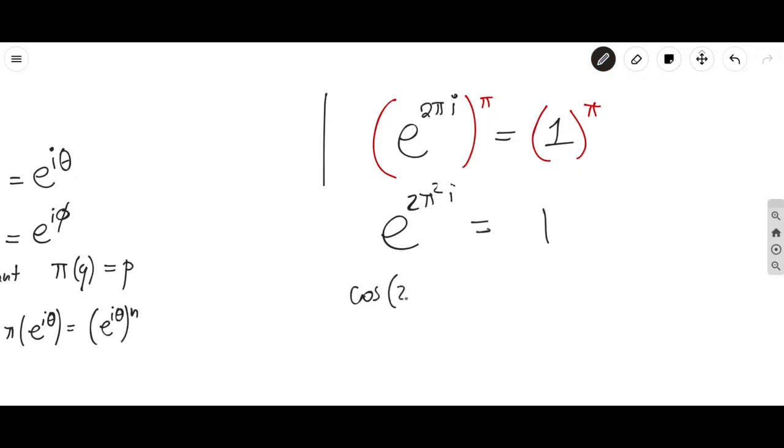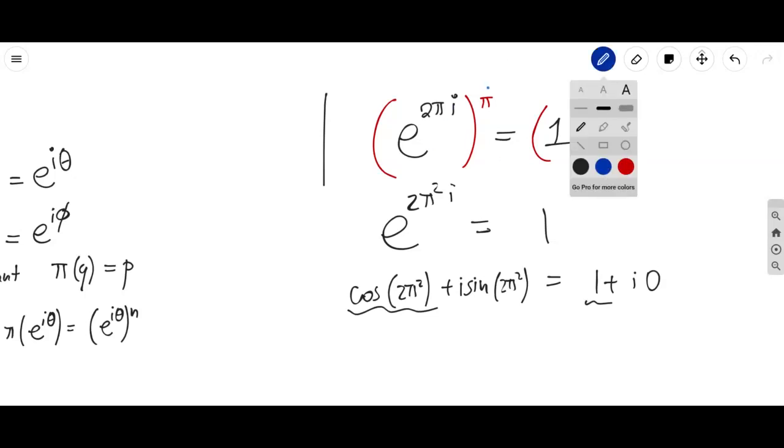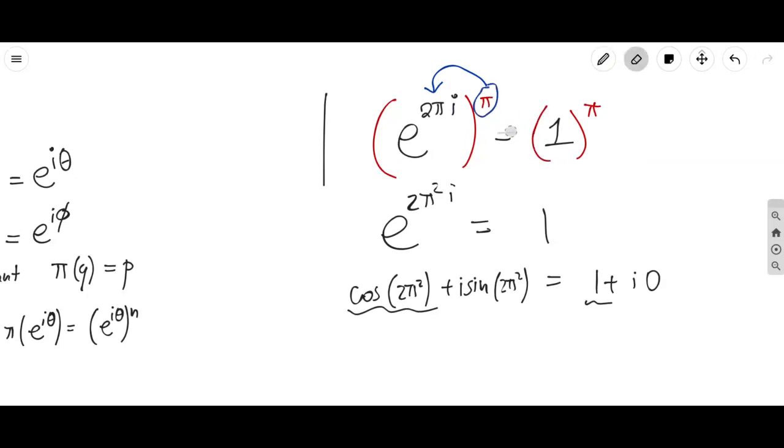But then you get cosine of 2 pi squared plus i sine of 2 pi squared equal to 1 plus 0i, which would show that the cosine of this is equal to 1, which is not true. This is a good puzzle you can ask people to figure out what the mistake is. It looks correct, but the mistake is you're not allowed to multiply. The multiplication rule for multiplying an exponent into a complex number does not work.